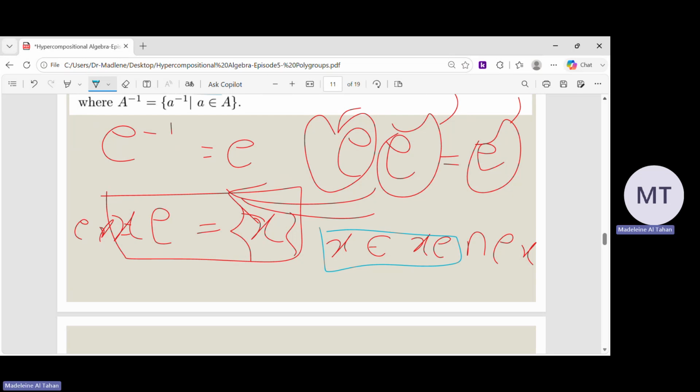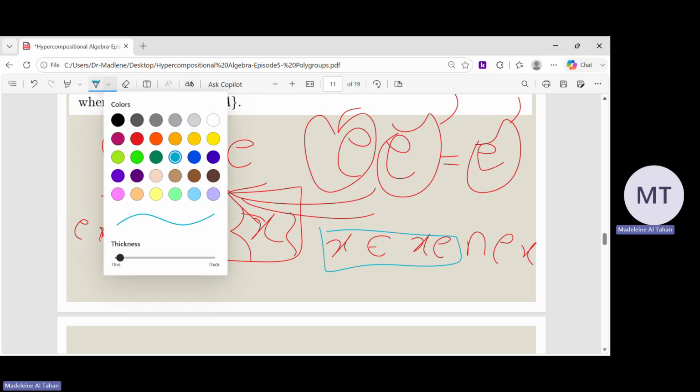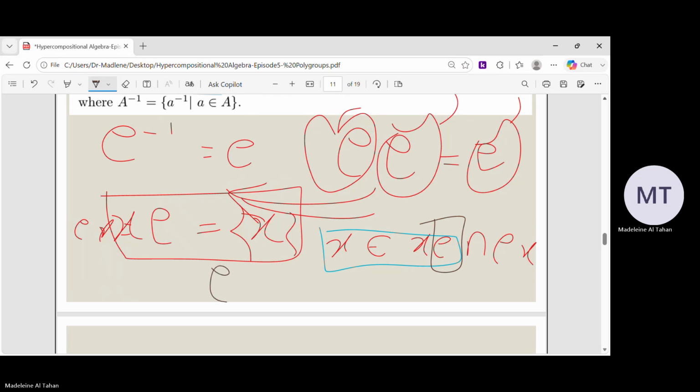We can deduce that E belongs to X inverse times X. Similarly, E times X is equal to X. We'll use it, and we will get E belongs to X inverse.